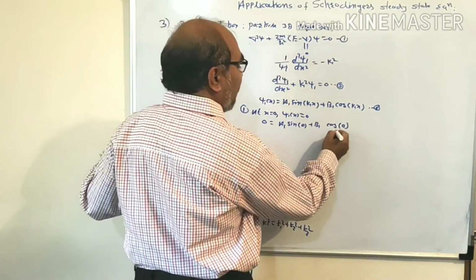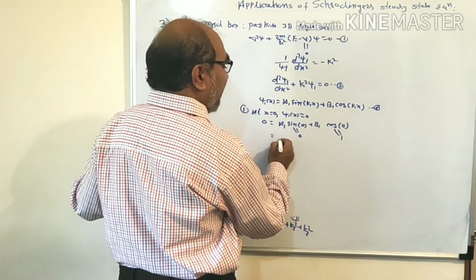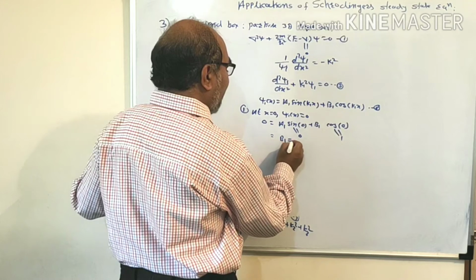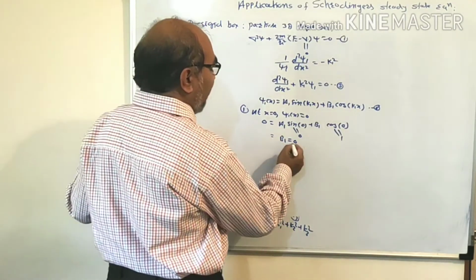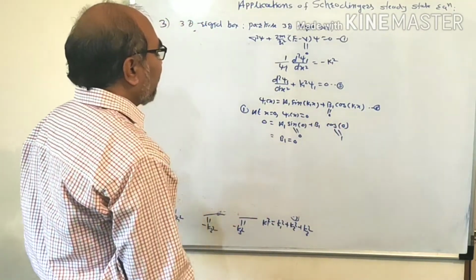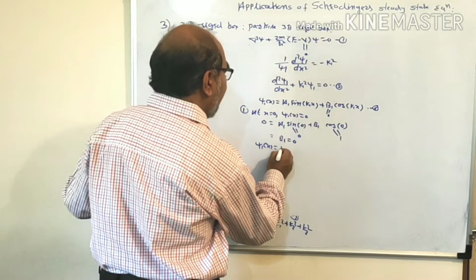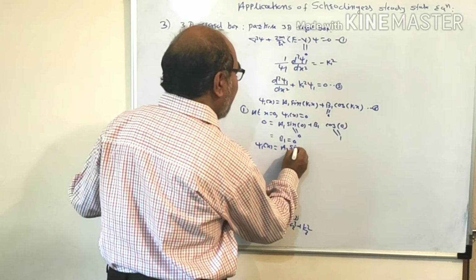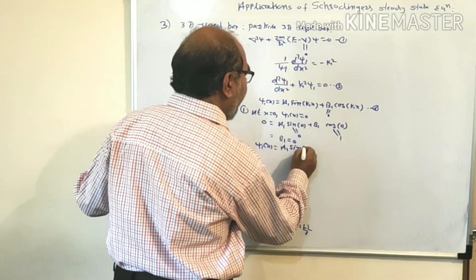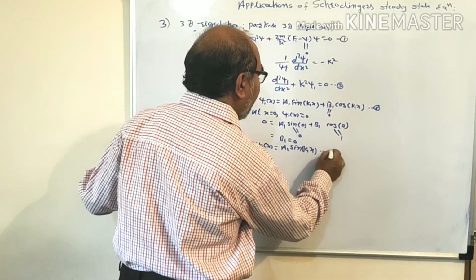Cos 0 is equal to 1 and sin 0 is equal to 0, and therefore b1 is equal to 0. Putting b1 equal to 0, we have psi 1 of x equal to a1 sin k1x, expression 7.